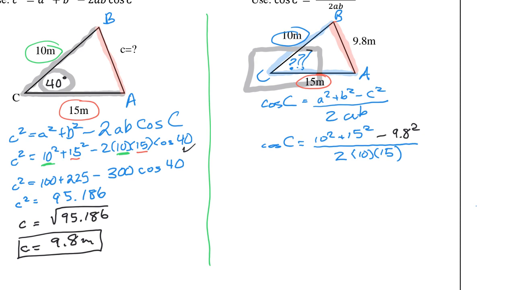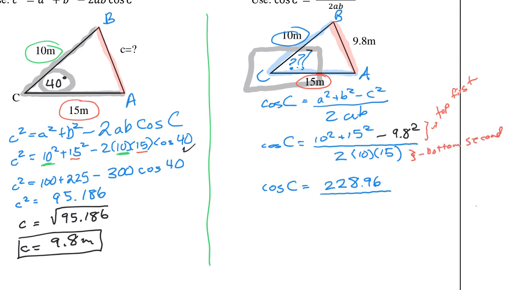Now, the rule is when we do these calculations, we have to simplify the fraction. So when we simplify the fraction, we must simplify the top first. So you have cosine of c is equal to 228.96 over, and now we have to simplify the bottom second.